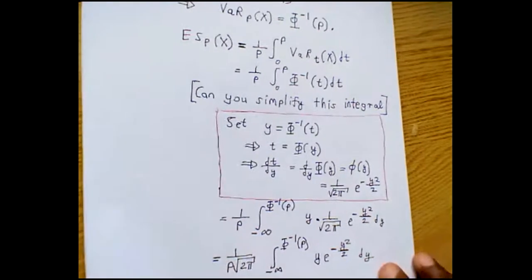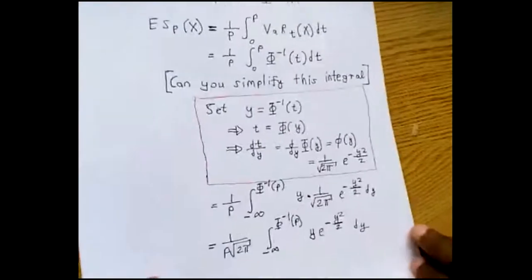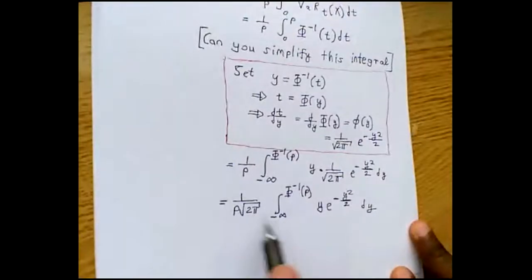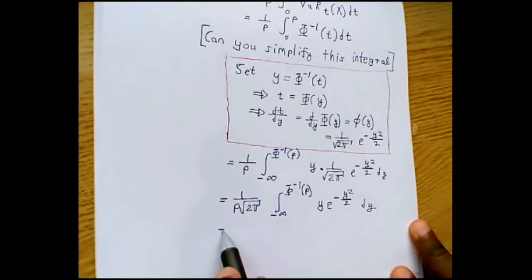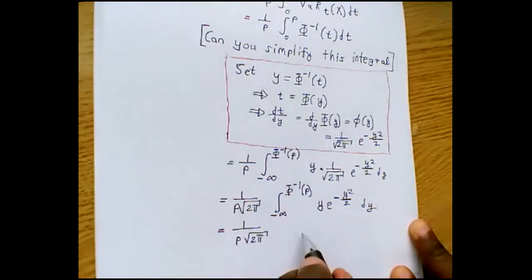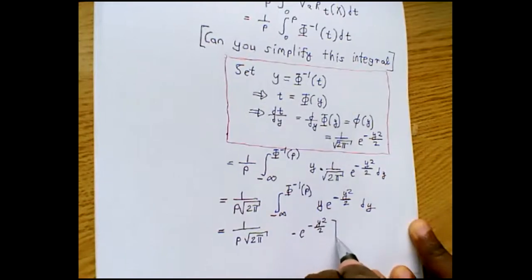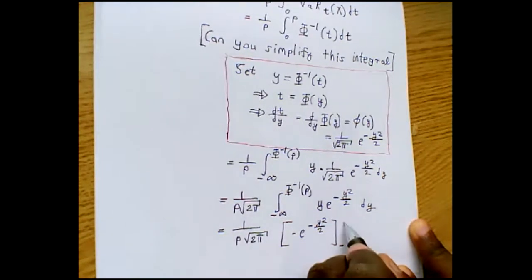So the integral of this is simply minus e to the minus y squared by 2. And you take the limits at this.